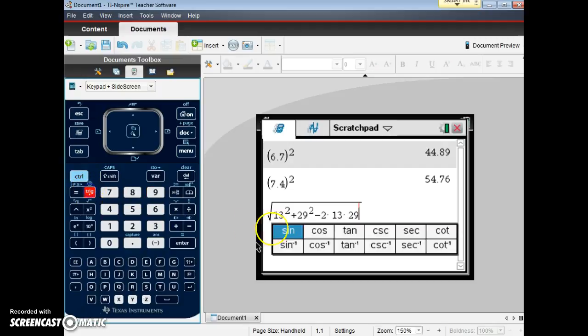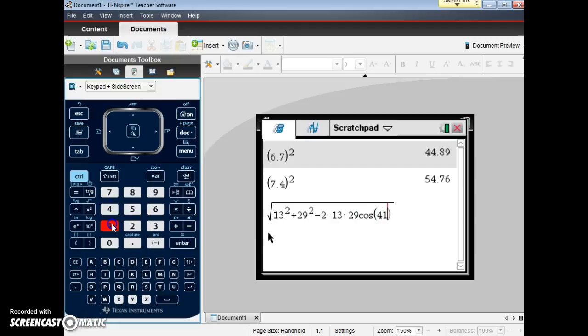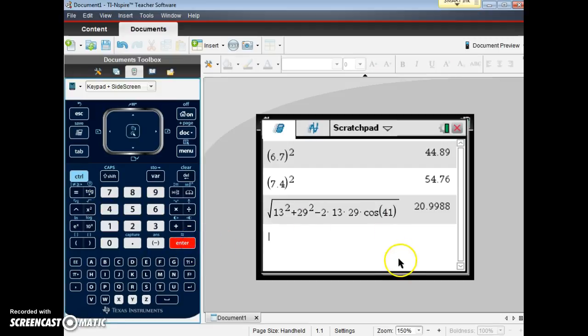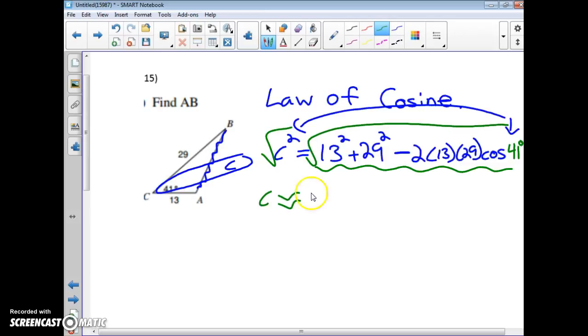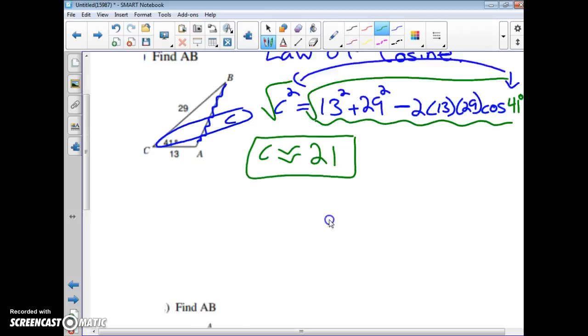Then I'm going to hit trig, do cosine of 41, and hit enter. And I get that, if I round on up, c is about 21. And again, I'm looking for a side, so I don't need that degree symbol.